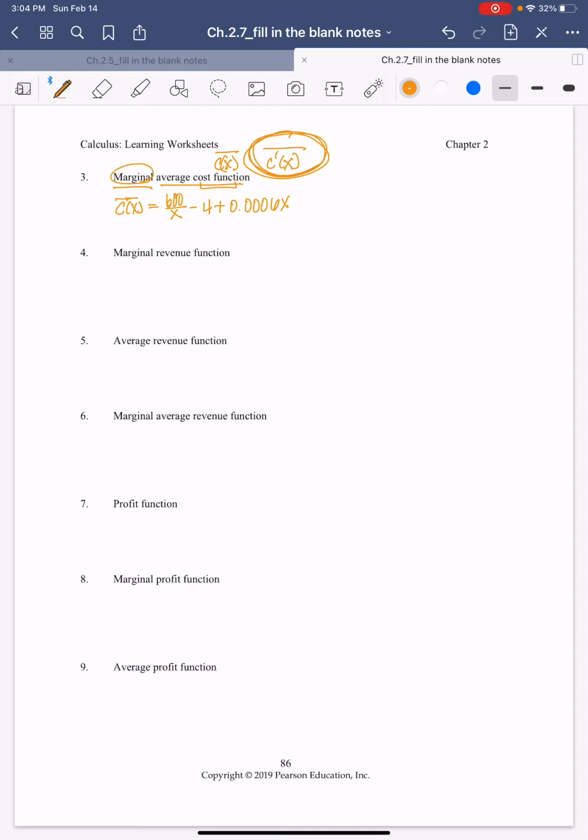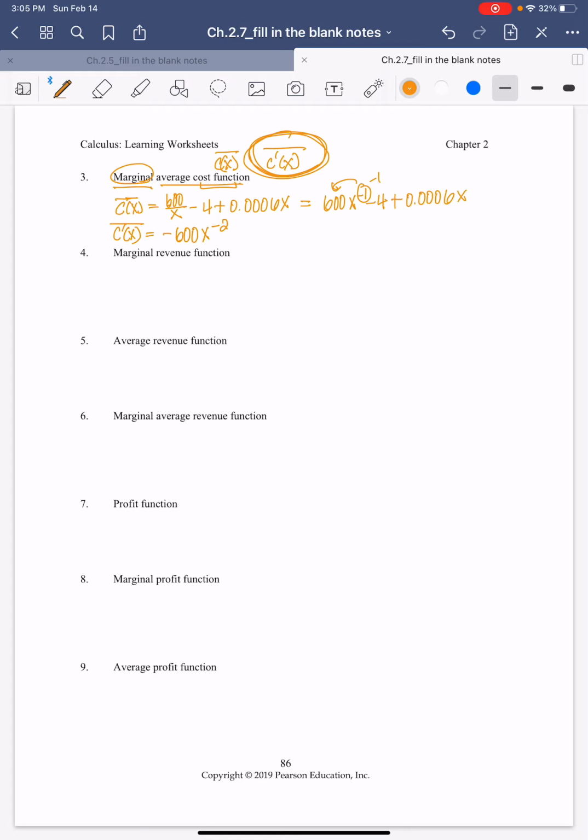Remember, this is our final goal, so all I have to do is take the derivative of this function, which is pretty easy. I'm going to rewrite this so it's more friendly. This 600 over x can be rewritten as 600x to the negative 1 minus 4 plus 0.0006x. So this will be negative 600 x to the, bring down and subtract by 1, so negative 2.